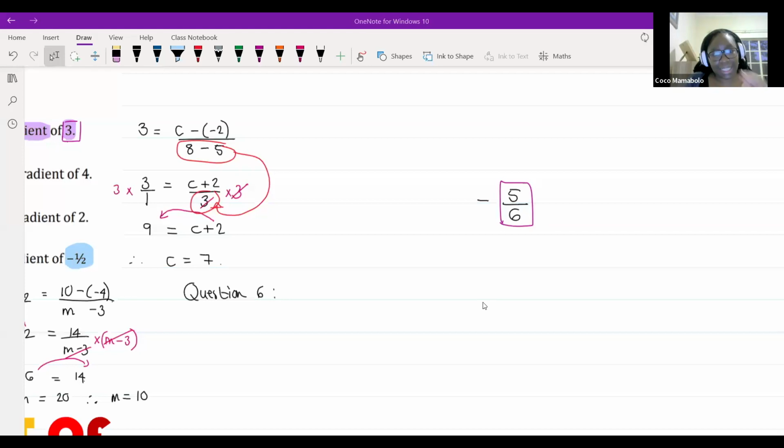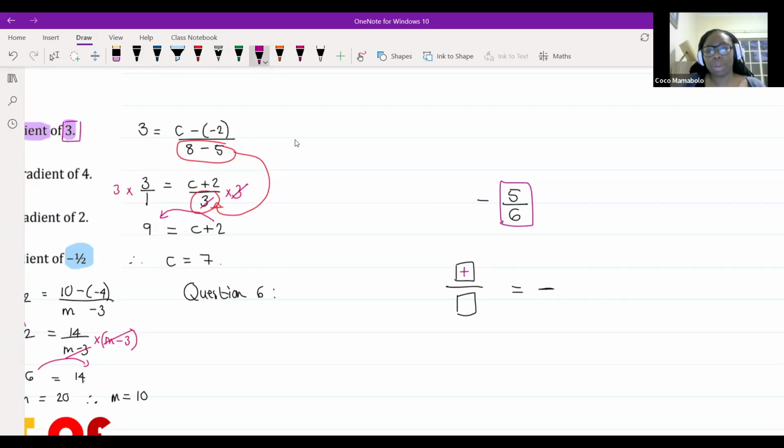Let's think about this, guys. If I wanted to divide 2 numbers and I wanted the answer to be negative, what kind of number would I need at the top and at the bottom? If I decide that the top is positive, then what does the bottom need to be for my answer to be negative? It would have to be negative.